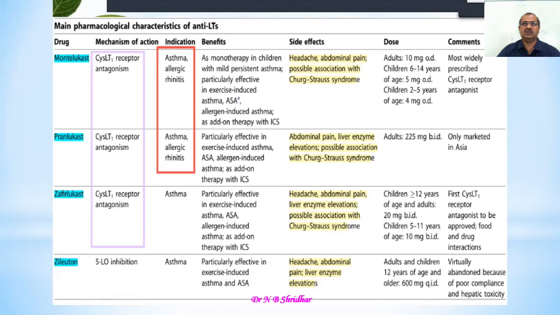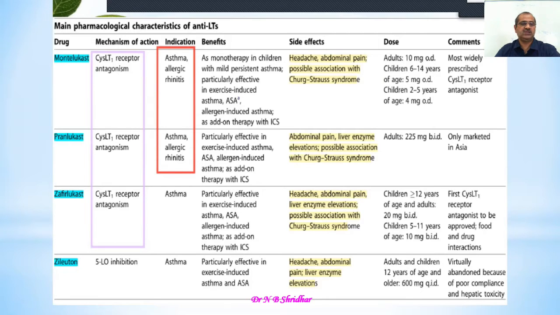The side effects of this drug are headache and sometimes abdominal pain and possible association with what is called Churg-Strauss syndrome, and the dose is 10 milligram once a day, and it's the most widely prescribed cysteinyl LT1 receptor antagonist, especially leukotriene antagonist.